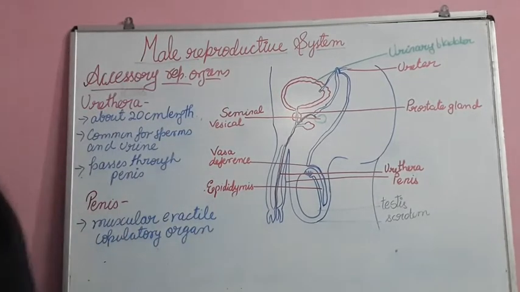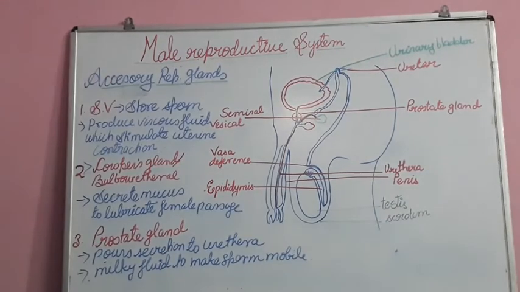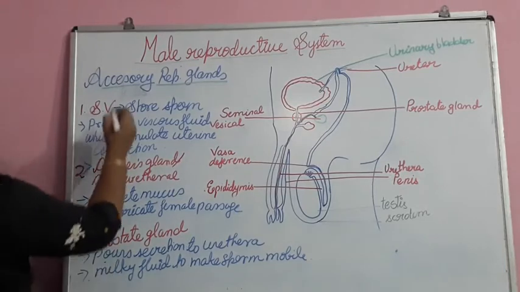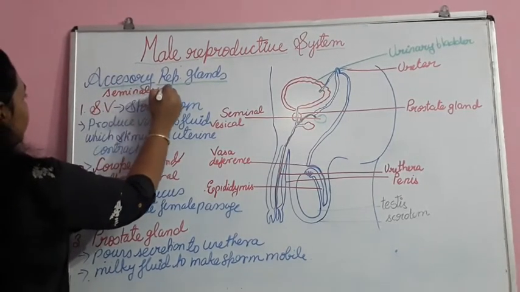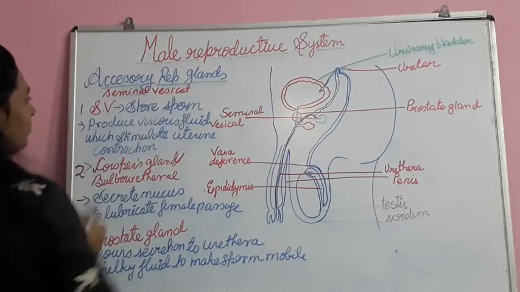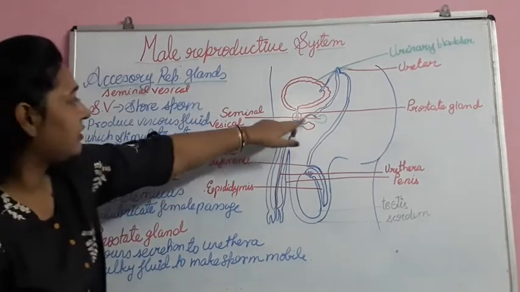Now let us see the accessory reproductive glands. Here we have the seminal vesicle, which you can see over here.